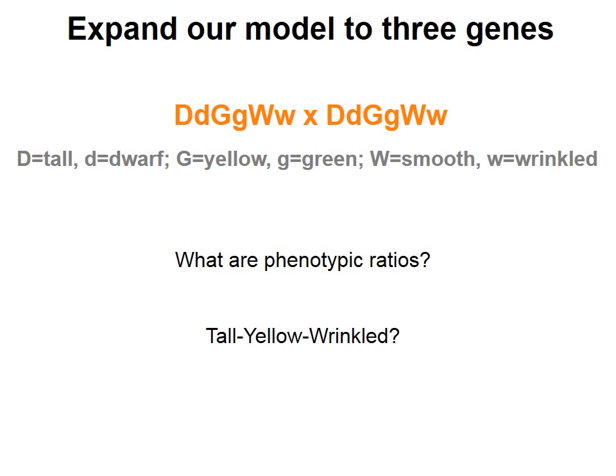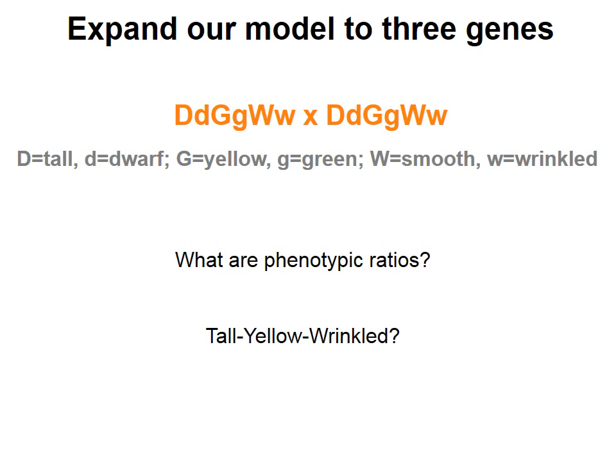Okay, let's say now that we're going to do a trihybrid cross. So here, dwarf is little d, tall is big D. Again, those same characteristics that we were looking at before: yellow-green, wrinkled, smooth. Let's say we had an F1 generation, right?